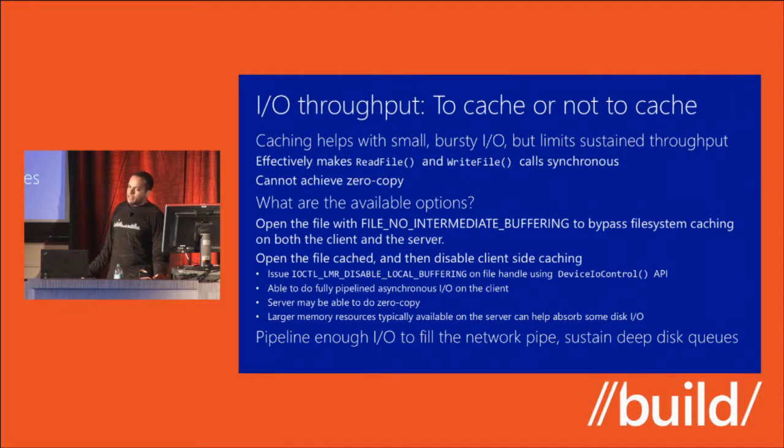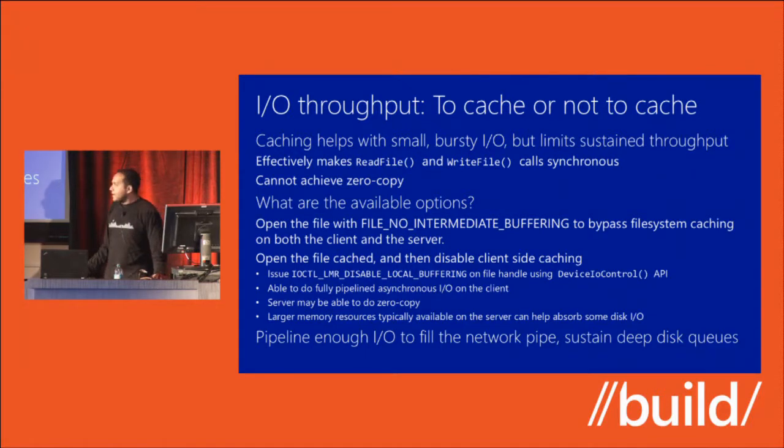That gives you some of the benefits, because on the server end, typically you have lots of memory, fast disks, and so on. So it can cache a lot more data than what a client can do. So it gives you the benefit of caching on the server. Now the client can completely do pipelined asynchronous I/O, because there is no page faulting on the client.